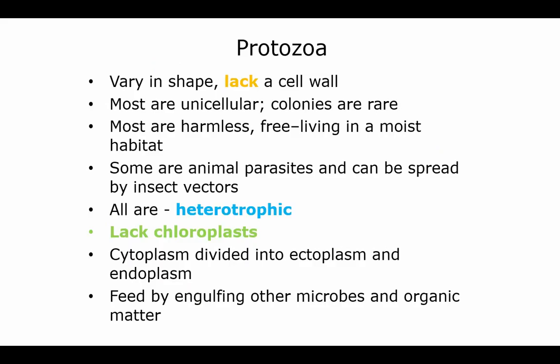Now, looking at the protozoans, remember these are the animal-like protists, and they do not have a cell wall, and their shapes are different. They can be unicellular, not usually going to be colonies. Most of them are harmless, and they're going to live in moist habitat, in damp soil, under leaf litter, and things like that.